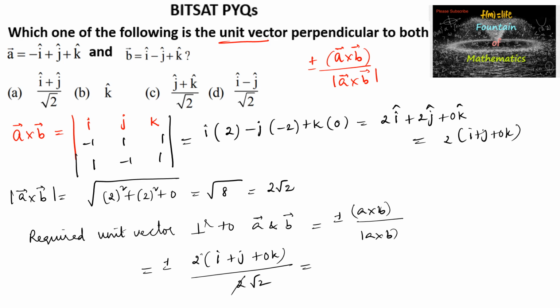So we can say here (i + j) divided by √2, plus or minus. So among the options, option A is ±1 times (i + j) upon √2. So we can go with option A.